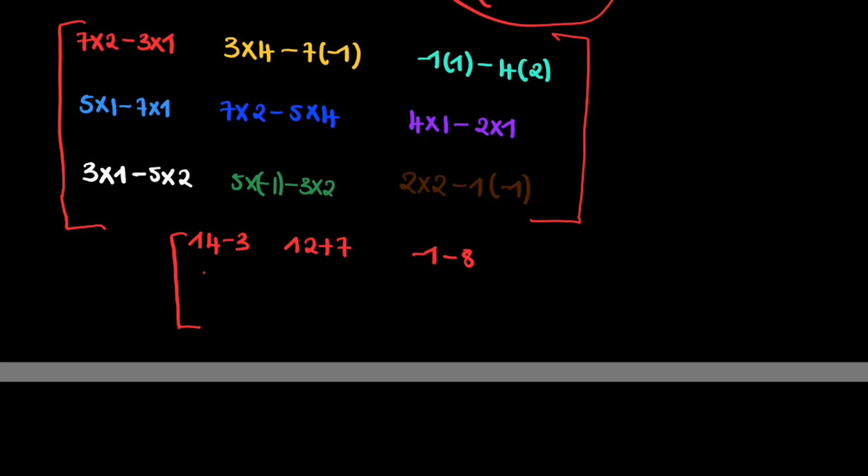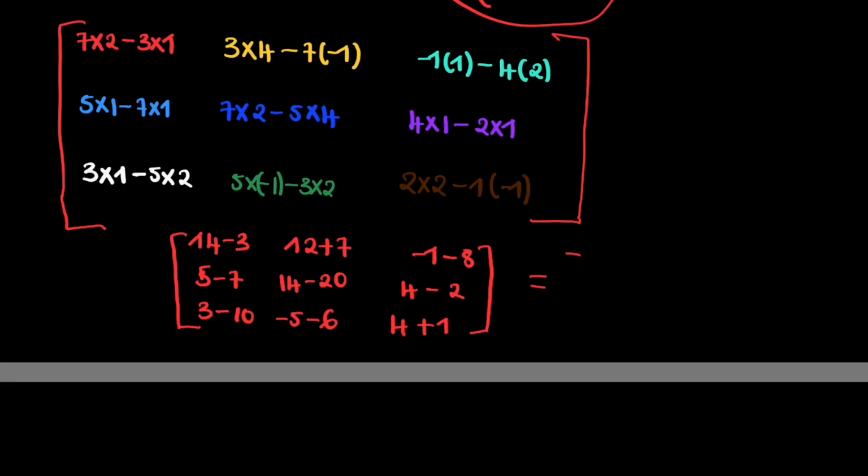Now we have 5 minus 7. 14 minus 20. 4 minus 2. 3 minus 10. Minus 5 minus 6 and 4 plus 1.